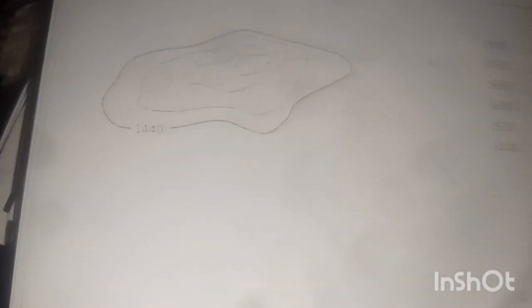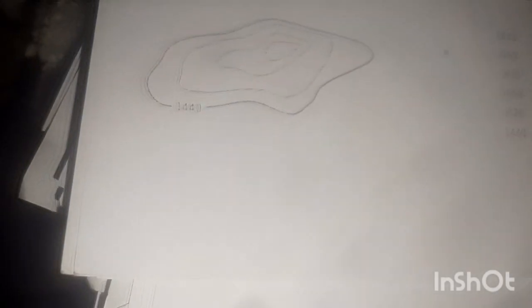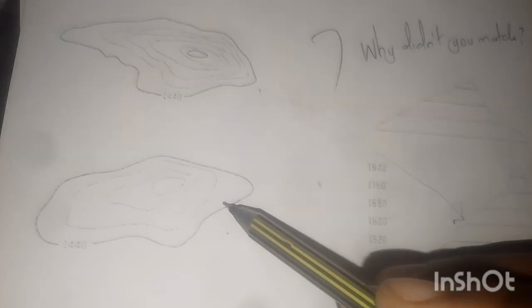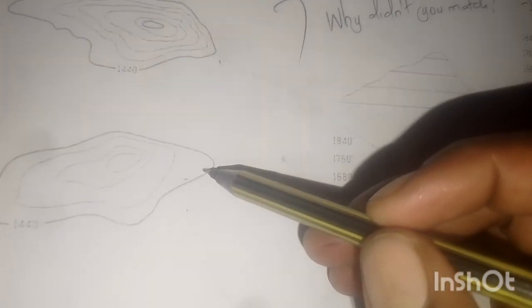Here we're seeing it's really steep. Then here the contours are sparse, not closely packed, meaning it's a gentle slope. So here we go. This is the steep one, so we will match it here, and this, because it is gentle sloping, will go here. You're done. 2 marks.